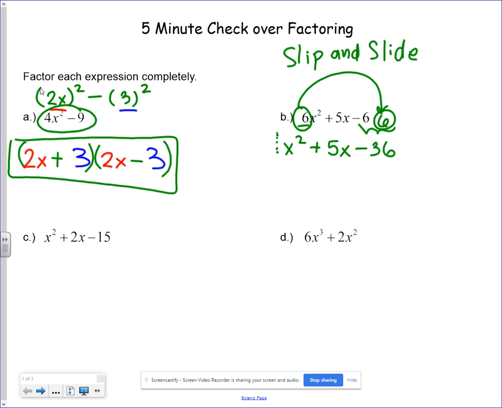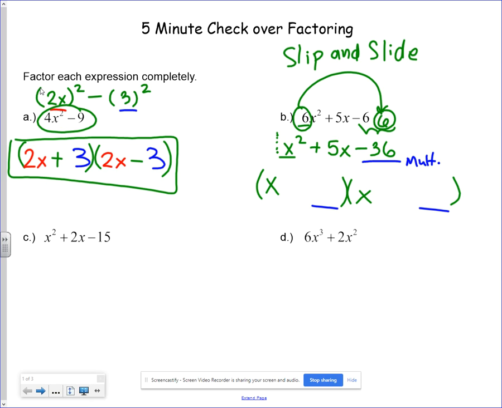So it's easy to factor this. We can go straight to the factors. I'm going to put x and x down, because x times x is x squared. Now, I want to put 2 numbers here that multiply to be negative 36.